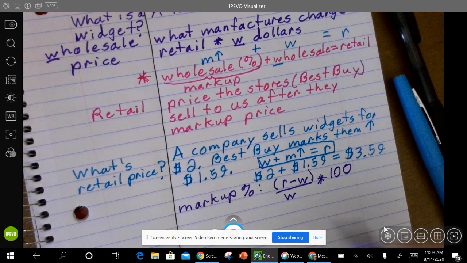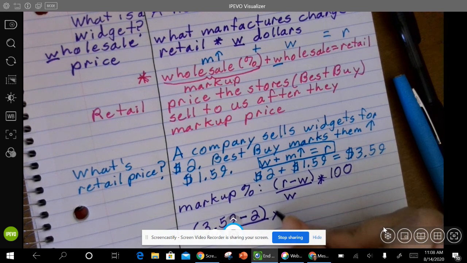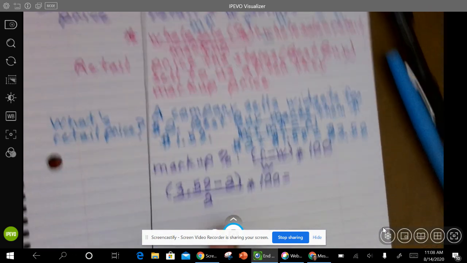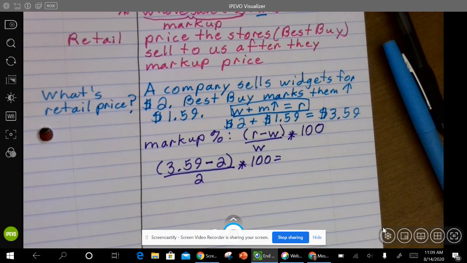Okay, so that's going to be the $3.59 minus our wholesale price of $2, divided by 2, times 100. Okay, and everybody remember, we can always use decimals for this. Again, everybody, this is how to calculate markup percentage.